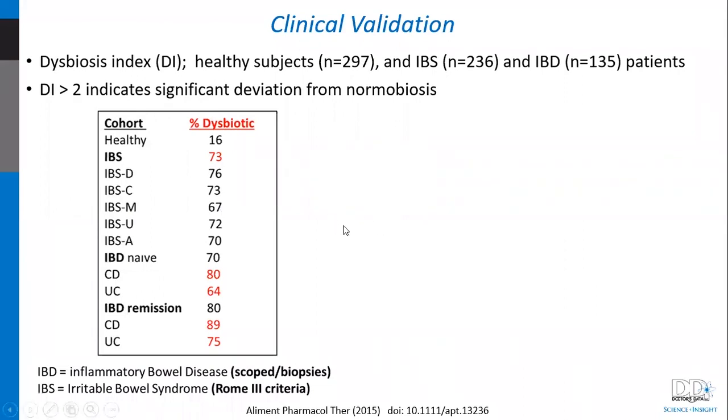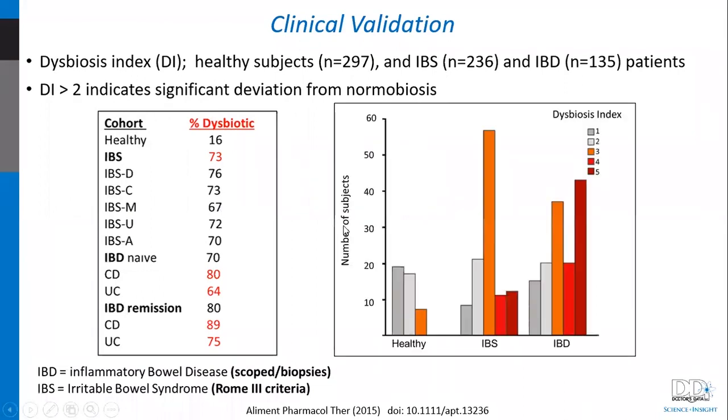Now, if we look more carefully at that data, we can see that as we go from healthy to IBS to IBD, there is an increased percentage of subjects within the IBS and the disease categories that had scores not only greater than 3, but even into 4 and 5, as we see predominantly with the IBD. Okay, so many subjects with IBD had high scores, and that's even in remission, okay?